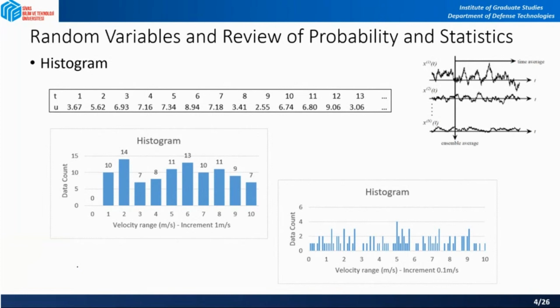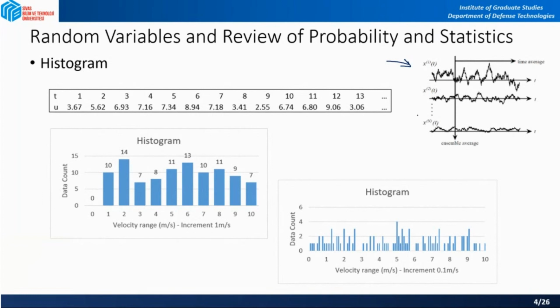And then we talked about the higher order moments in the previous week. So the final thing is to generate the PDF from given data. For example, if some data is given to you like this, and the PDF is being asked.